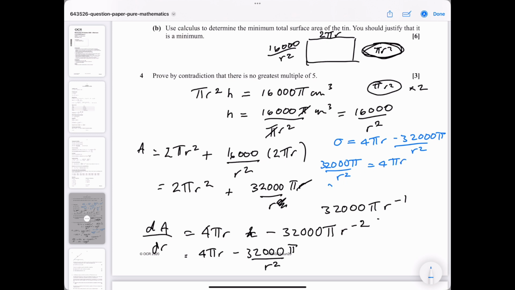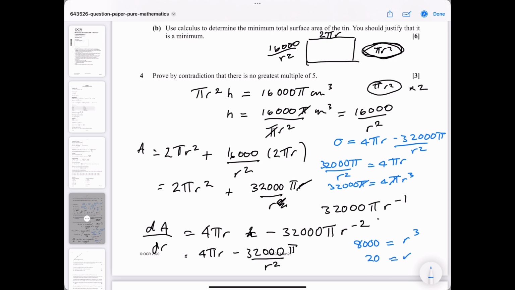So that means 32,000 pi equals 4 pi r cubed. I don't really know why I've left the pi in constantly, I'm just going to get rid of that. So now we know that 8,000 equals, because we've divided through by 4, r cubed, and that's 20. So r equals 20.